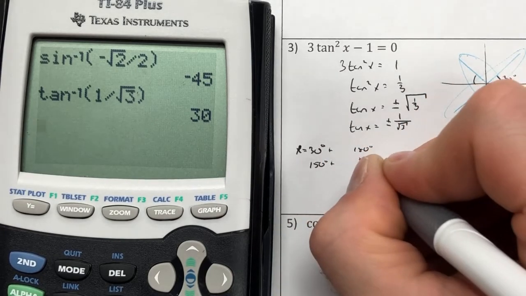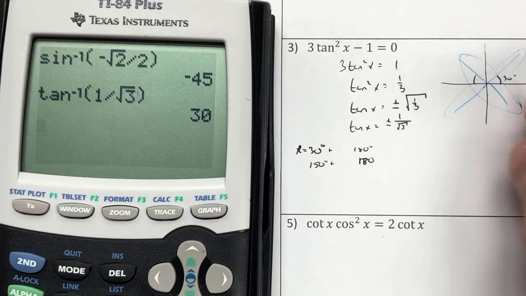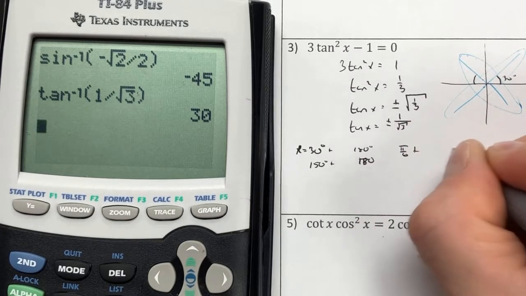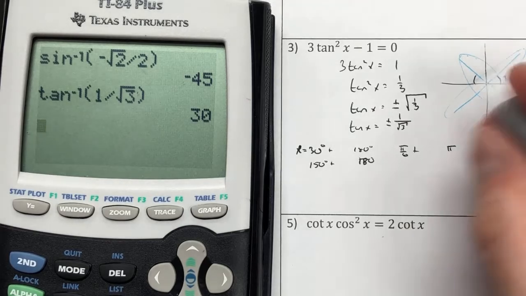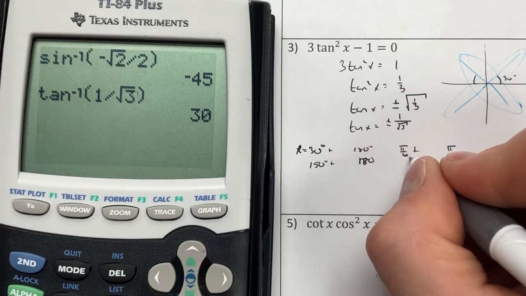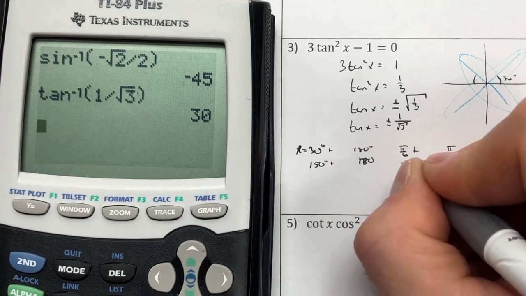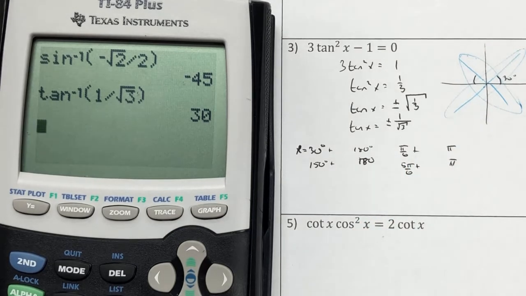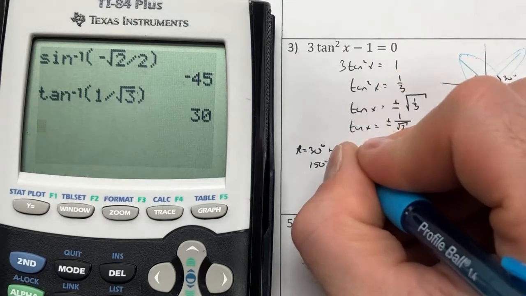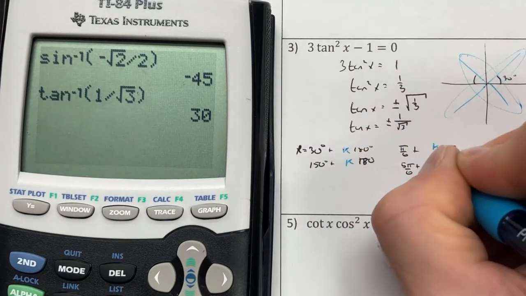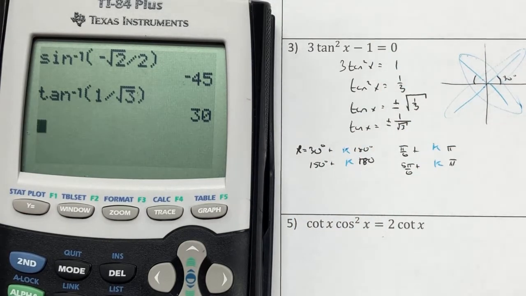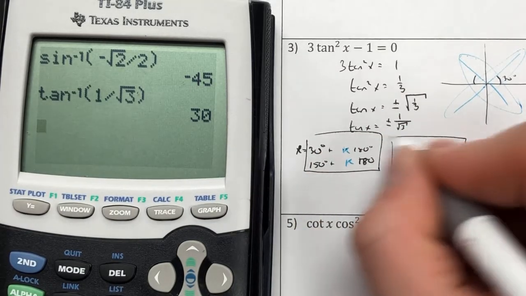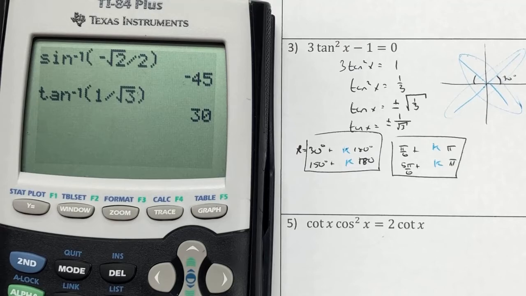I'd write this over here as pi over 6 plus pi. This one, well, let's see if that was 6 pi over 6, that is now 5 pi over 6 plus pi. And then it's going to be every k units. So I either have my degrees or I have my radians, whichever you prefer better.